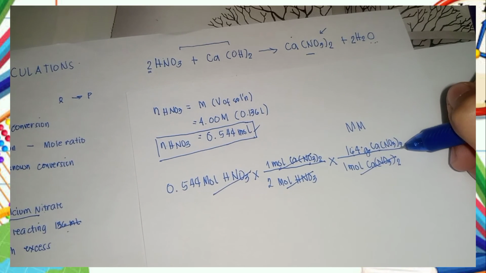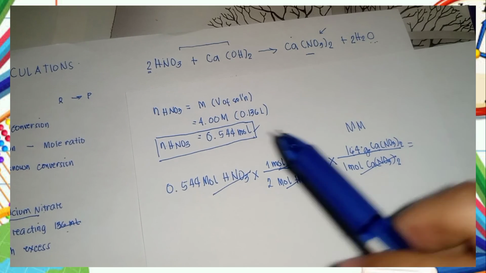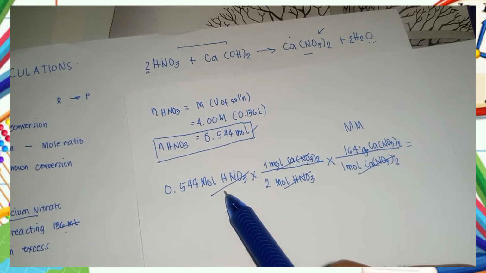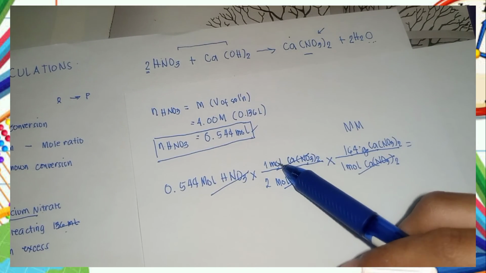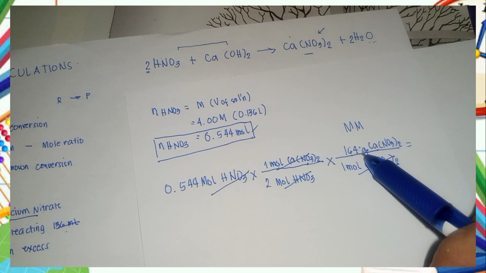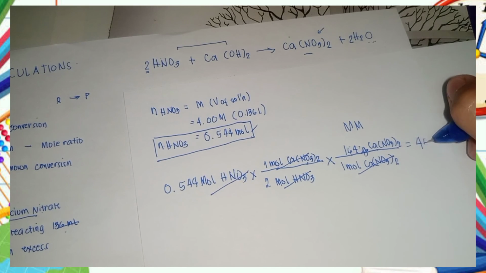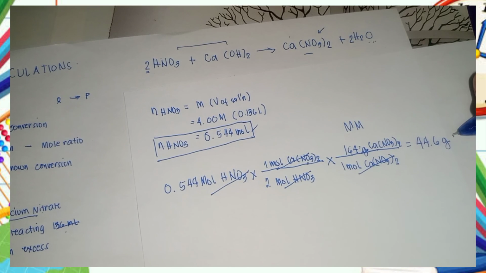So we can now solve for the mass of the unknown, or the mass of the calcium nitrate. 0.544 mole times 1 divided by 2 times 164 will give us an answer of 44.6 grams of Ca(NO3)2.